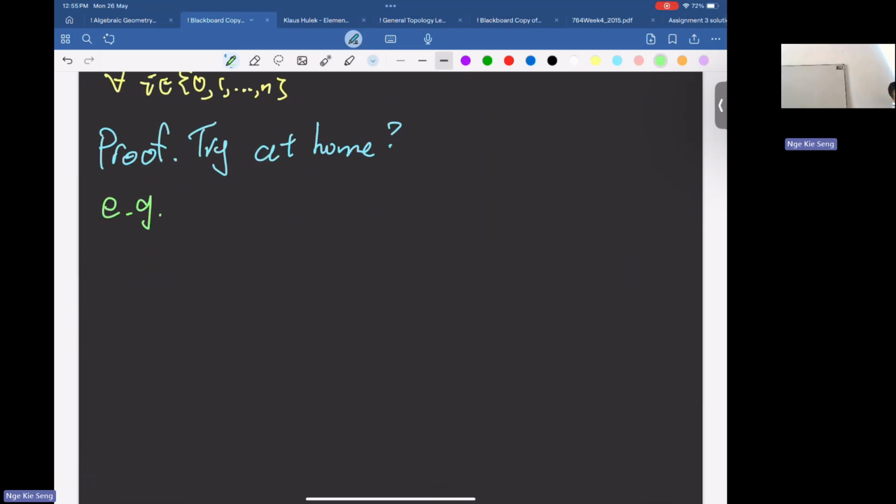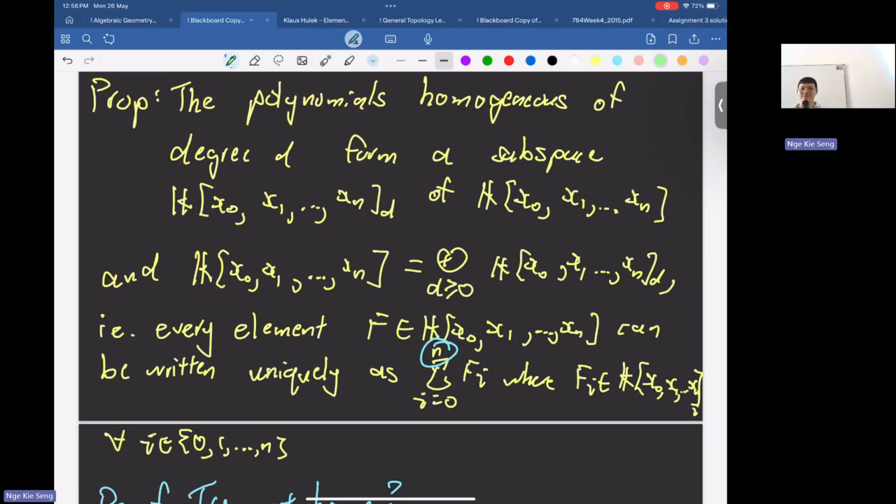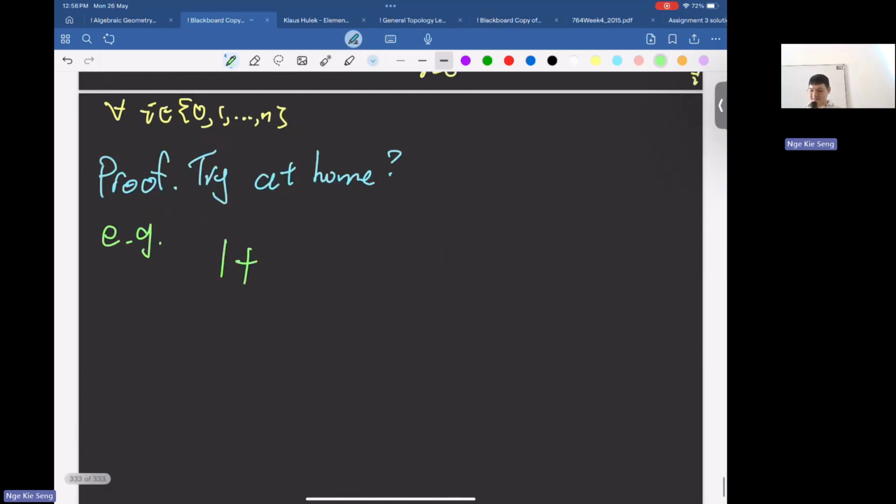Please give me a nice element inside here to illustrate this proposition, some polynomial so that I can use it to explain this. x1, x2, plus 4 x4 cubed. Done? Okay.